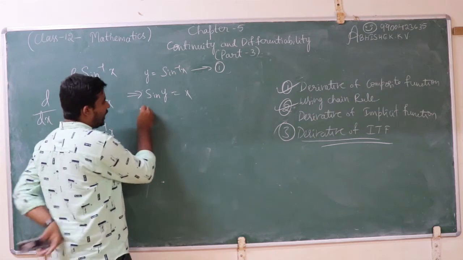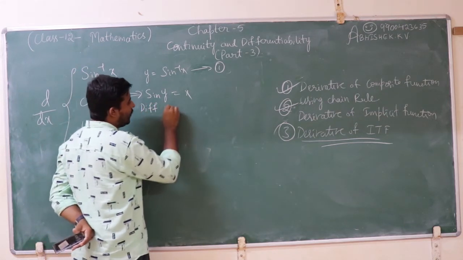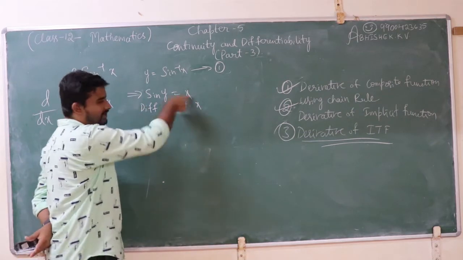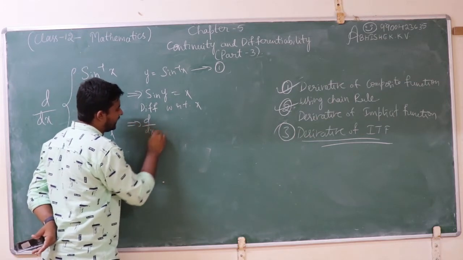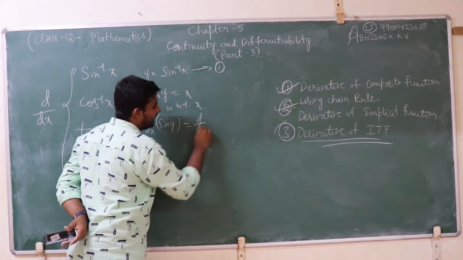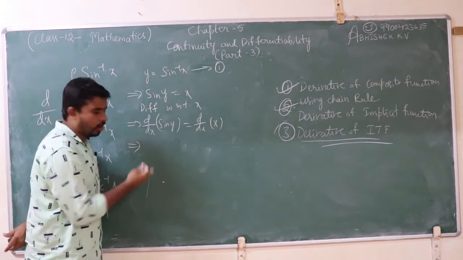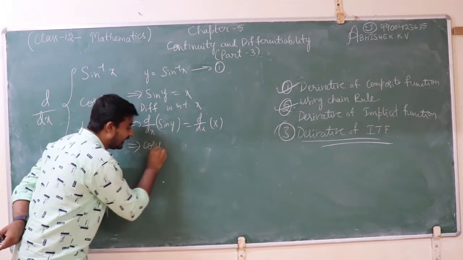Now differentiate with respect to x. That means d by dx of sin y is equal to d by dx of x. The derivative of sin y is cos y.